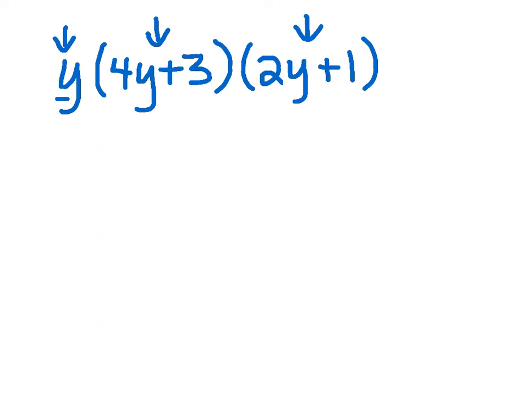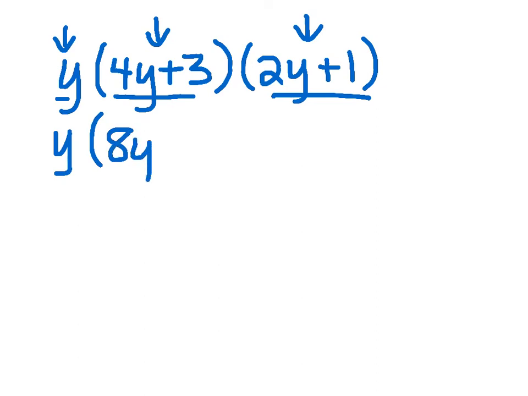You have the right to do it any way you want, but I know that I personally like to take care of these two first because once you have got the hang of it, FOIL makes that pretty easy. So I'm just going to bring down my y on the first step. I'm going to say first gives me 8y squared. Outer is 4y. Inner is 6y. 4y plus 6y is 10y.